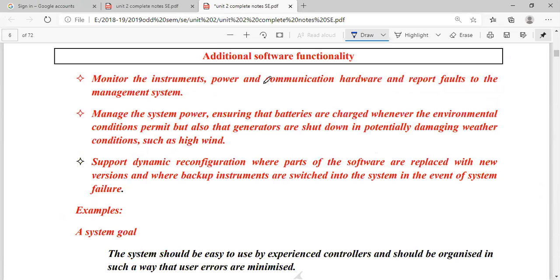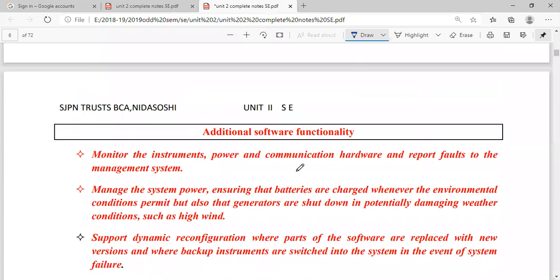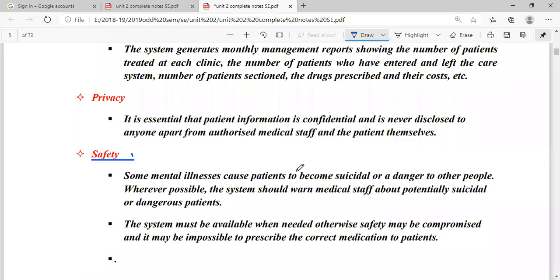Along with that, you should also monitor the instruments, power, and communication hardware, and report faults to the management system. You should also manage environmental factors, like battery backups and cleaning the wards. Then if any report failed, updating the report, all these things.